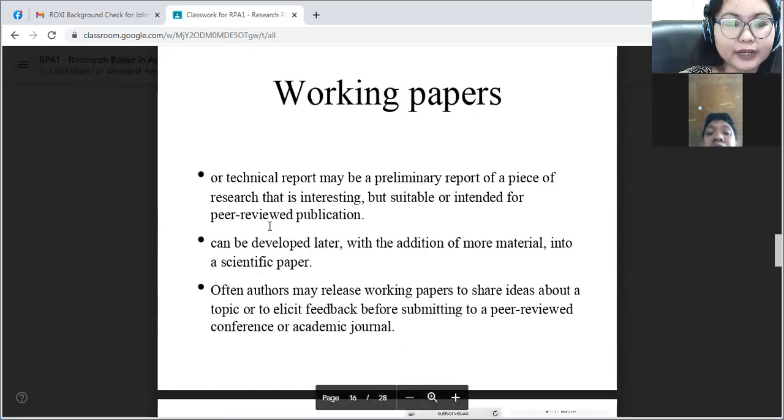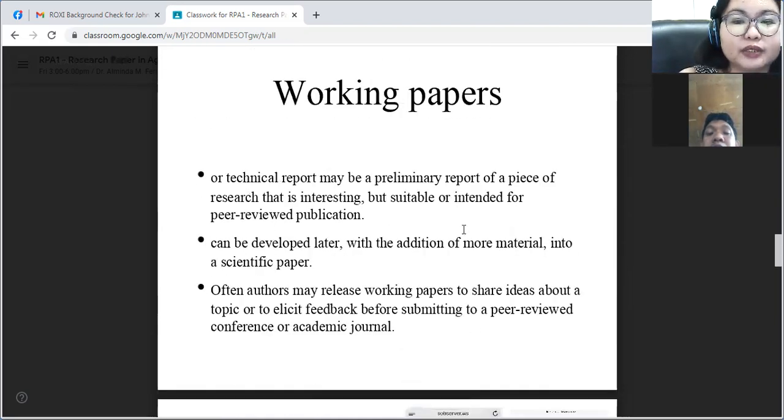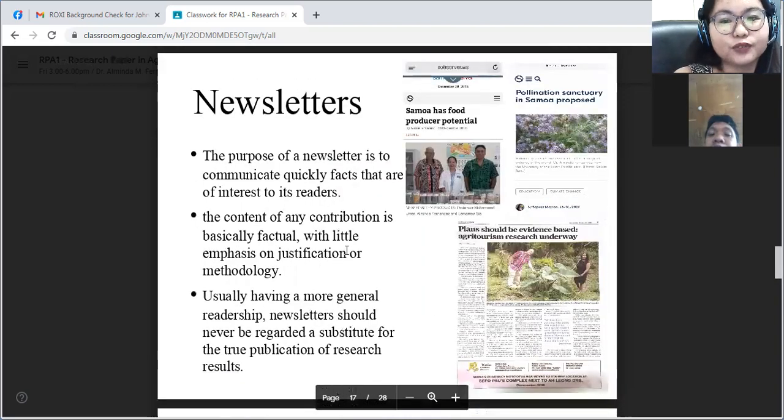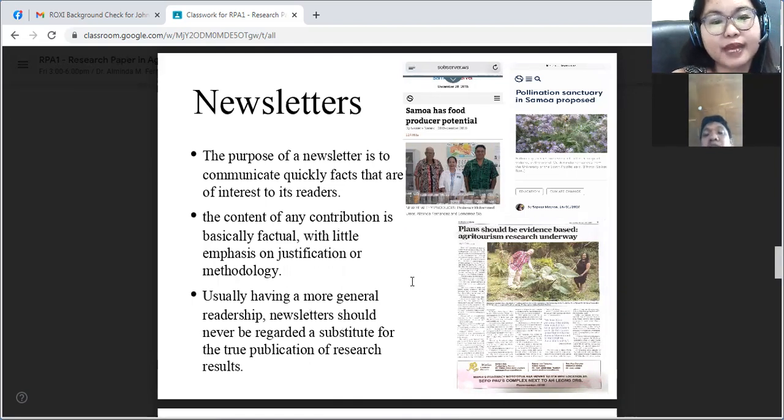What about working papers, technical reports, or preliminary reports on research? These are also acceptable in journals. Then newsletters, of course, like our newspapers here, and we also have magazines.